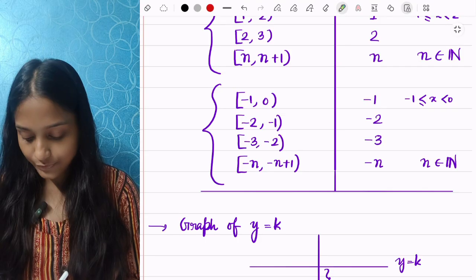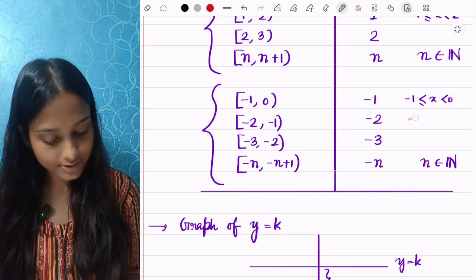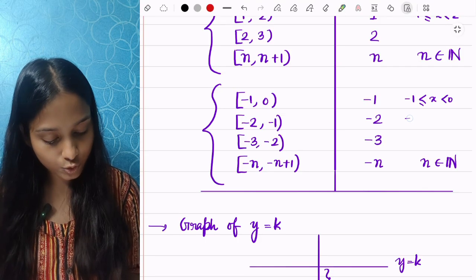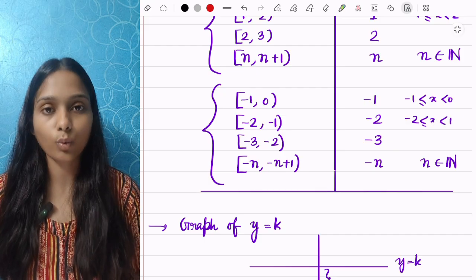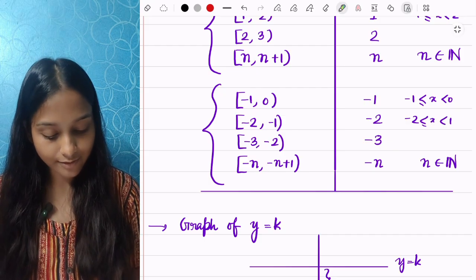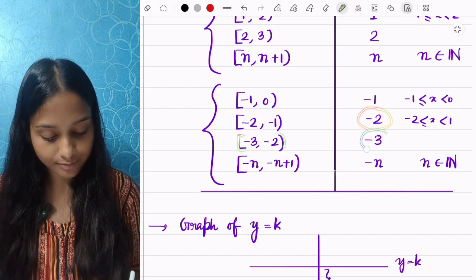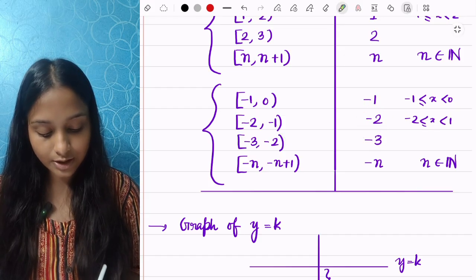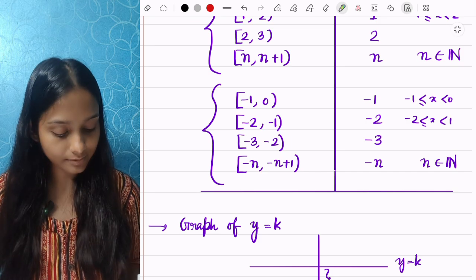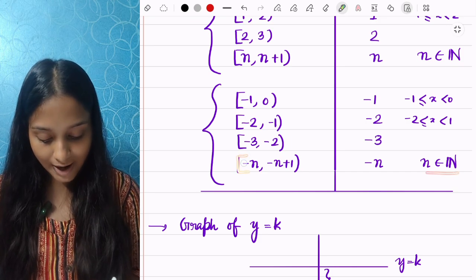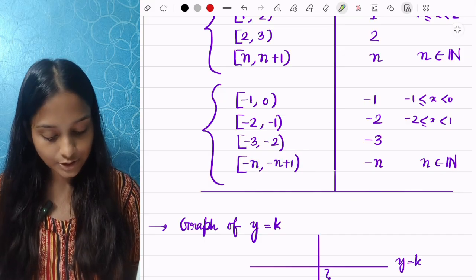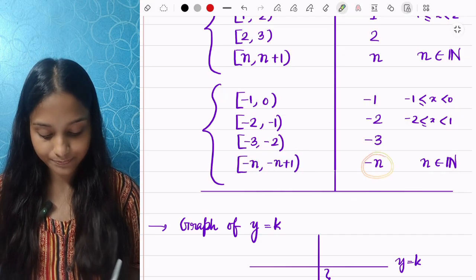Similarly, for -2 closed to -1 open, we will have the value -2. Similarly, for this interval, we will have the value -3. Similarly, for any natural number n, we have -n as an integer and -n plus 1 is another integer which is greater than -n. So this value will be -n.